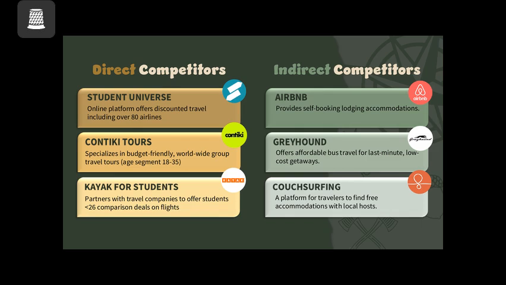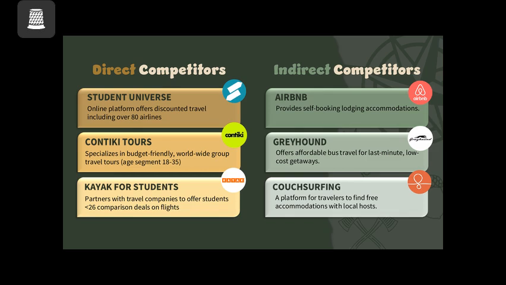On the right hand side, we're looking at our indirect competitors. First, we have Airbnb. They provide a self booking platform for affordable lodging accommodations. This is ideal for those seeking flexible and personalized stays. Next, we have Greyhound. On the other hand, Greyhound caters to travelers looking for last minute, low cost transportation, making it a popular choice for spontaneous, budget friendly getaways.